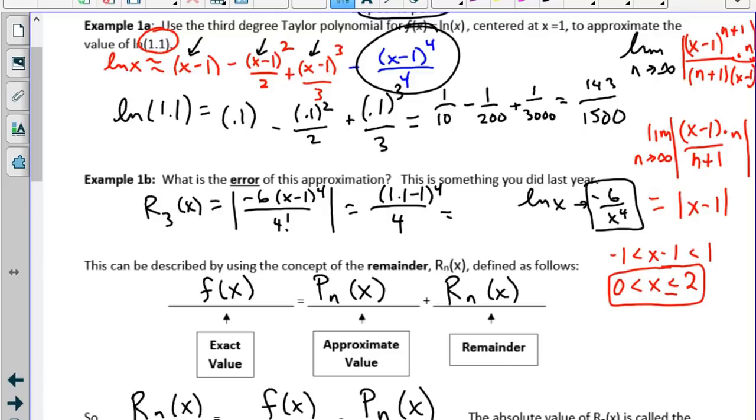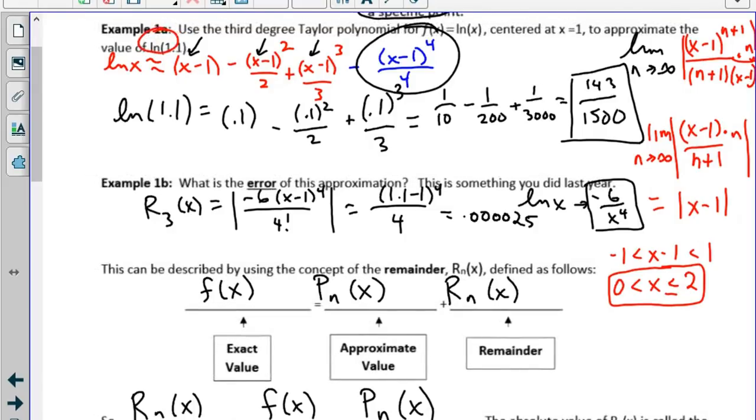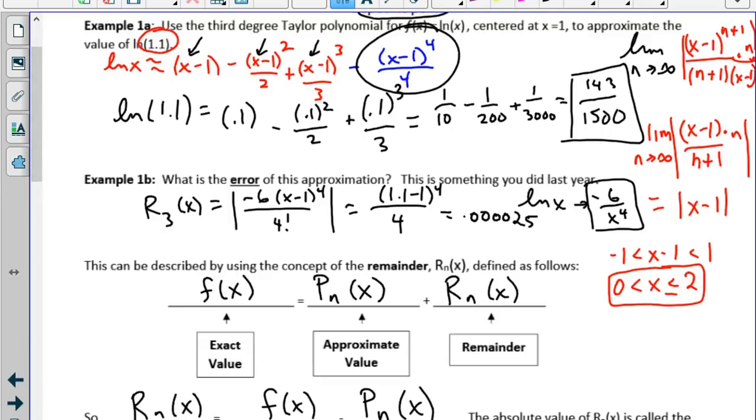So that's 0.1 to the 4th power over 4, which is 0.000025. So this 143 over 1500 is off by at most 0.000025. It's actually off by less than that, but this is the maximum possible situation of being wrong. So the remainder is less than or equal to that thing.